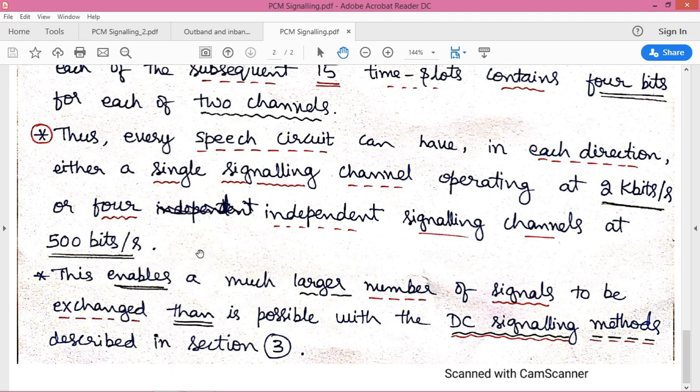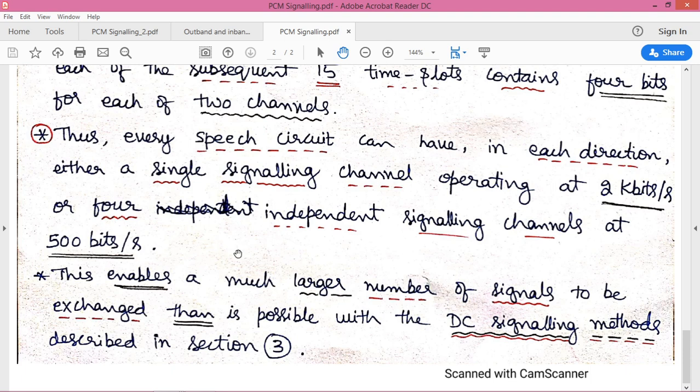So please note, with the help of PCM signaling, we are able to provide a large number of signals. We are able to multiplex a large number of speech signals, and of course these signals are exchanged between 2 different exchanges. But that was not the case with the DC signaling methods we discussed earlier in section 3, where we were able to support a smaller number of signals compared to TDM carrier signaling systems.